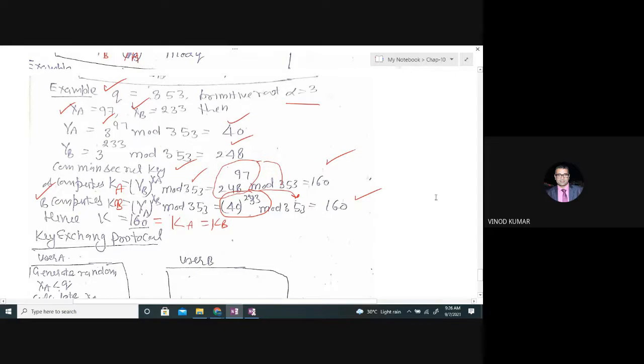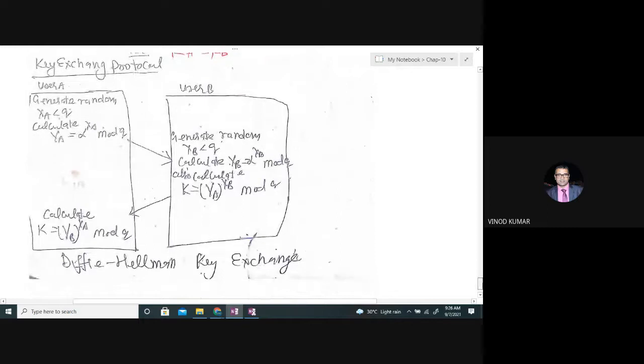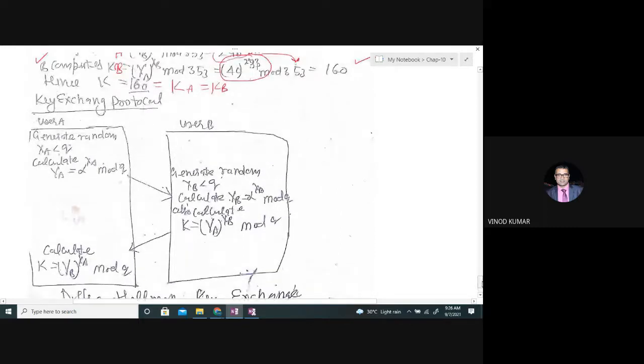Now, key exchange protocols we have already discussed. Now see how it works. This is user A, and this is user B. User A generates a private key x_a and calculates a public key, then sends it. At the same time user B generates a private key, calculates a public key, and also calculates this value.